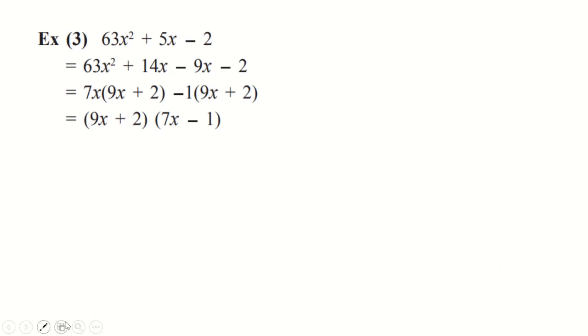Once again you will see here that the question is 36x square. So you will take the first number, that is 36, and the last number, that is minus 2, and multiply. I'm sorry, it's not 36, it's 63.